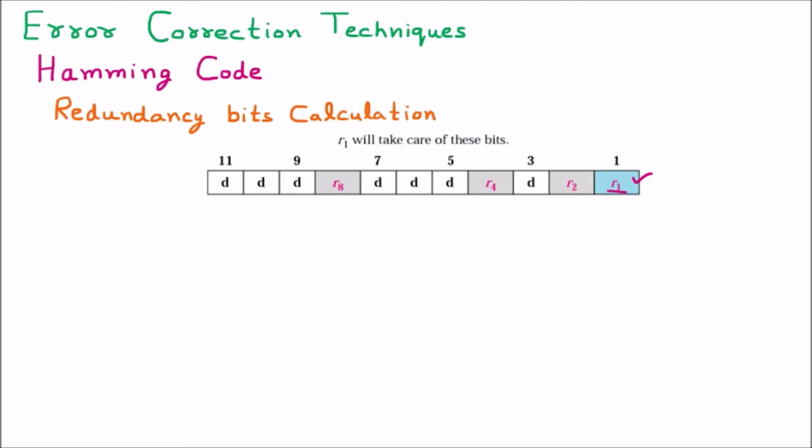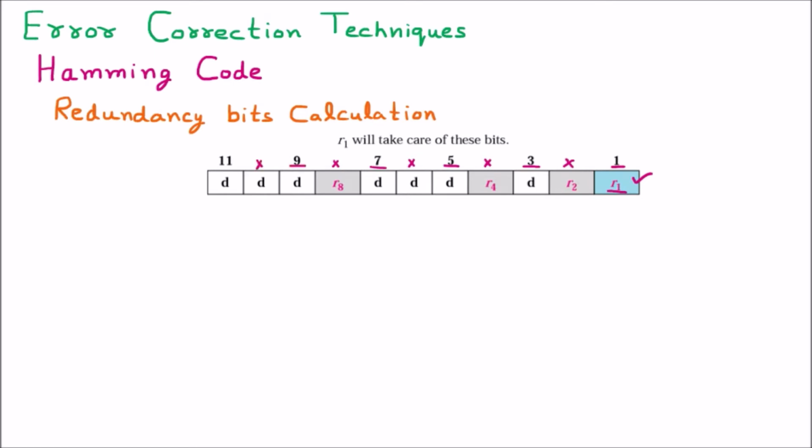That means talking about the first bit here, we then leave a gap of 1. Again, the third bit, it will take care of the third bit. Then leave the fourth one, it will take care of the fifth bit as well. Then leave the sixth one, it will take care of 7. Leave the 8th, it will take care of the 9.